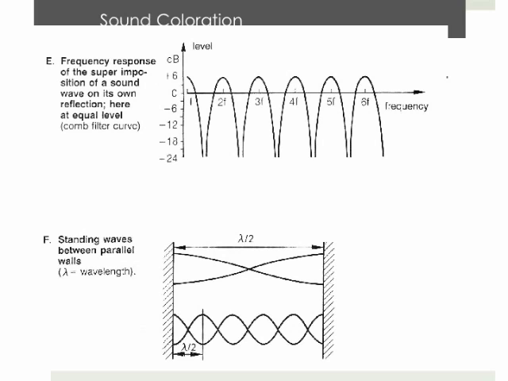They can cause an effect called comb filter that you can see in figure E. And also, if you have two parallel walls, this can cause an effect that is known in physics as standing waves and flutter effect. And we hear this as an echo that repeats very quickly several times, and this is called fluttering, and it's a very bad effect, sound coloration in a room.